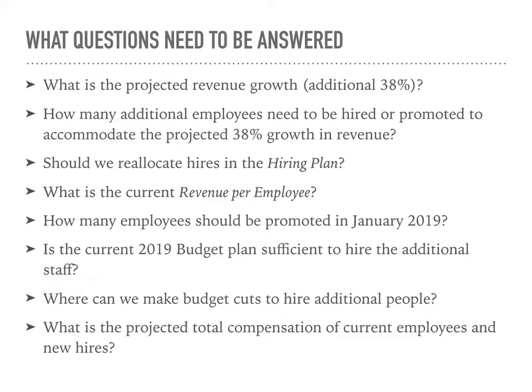Another question that you would want to answer is, where can you make budget cuts to hire additional people? Again, if you don't have the budget for it, or if you have to reallocate some of the hires to different departments, what areas within the HR realm could be cut? The budget actually includes learning and development and benefits that would be very hard to cut, but think about where you can make budget cuts if necessary.